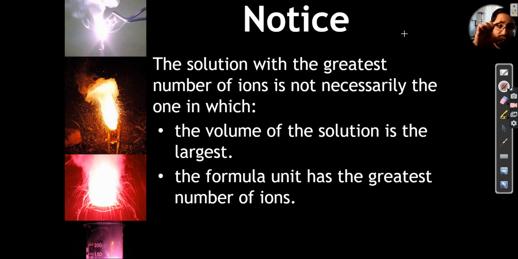And even if you have a tiny little vial of it, very, very dangerous, as opposed to having like 10,000 liters of a small amount of HCl dissolved in it, right? If you have a small amount of it dissolved in a large amount of water, you still have a small amount of particles. So don't get distracted by the liters, all right?